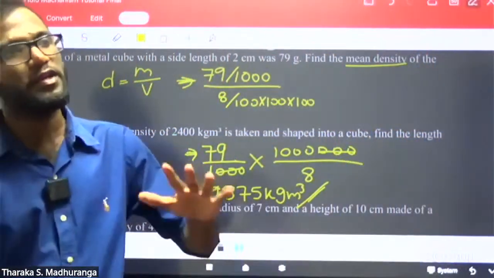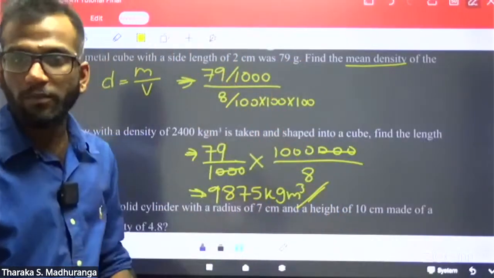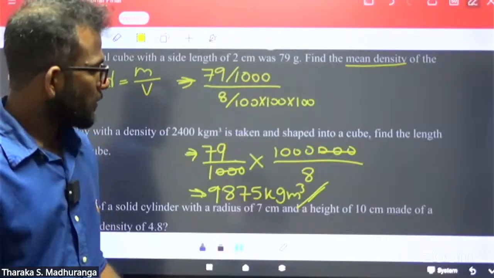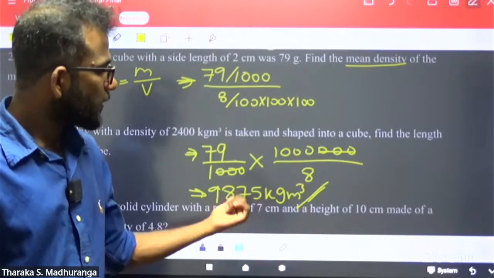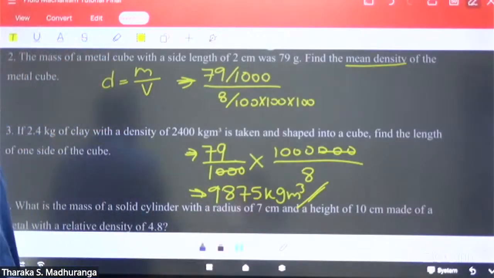Water density is also 1000. It is a metal cube, so it will of course be higher than that. The answer is 9875. Others I got, they are very simple questions.